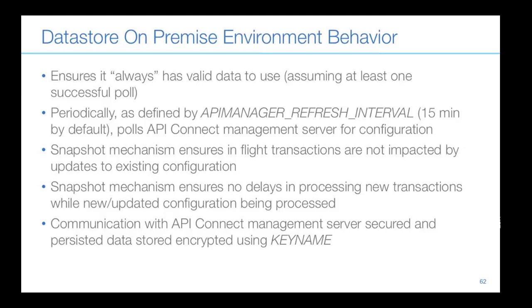Yeah, so John, I would like to make one sort of distinction. You've been talking about the on-prem scenario and how this works, but when you do it offline, the data store is still in effect, but it's only picked up at one point, right, when you start it up. Right. So the refresh interval really only applies to the on-premise environment.